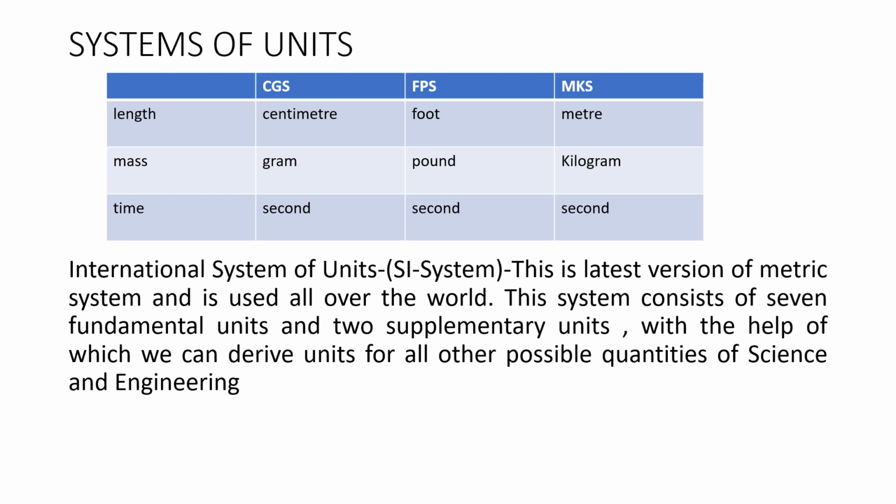Above all, the latest version of metric system is the International System of SI Units. It is used all over the world. This system consists of 7 fundamental units and 2 supplementary units, with which we can derive units for all possible quantities of science and engineering.